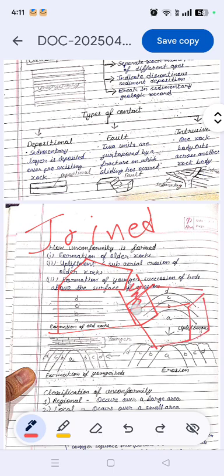So this is the fault contact. These two units are joined together by this contact.